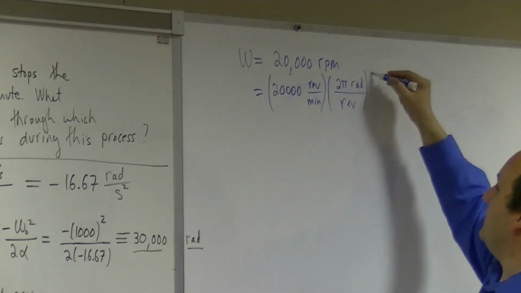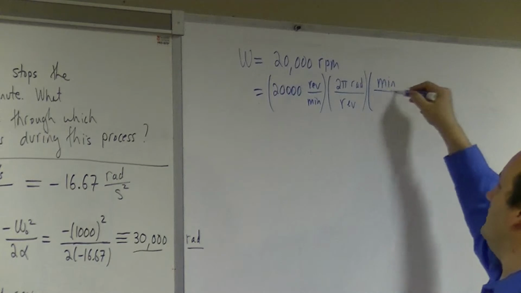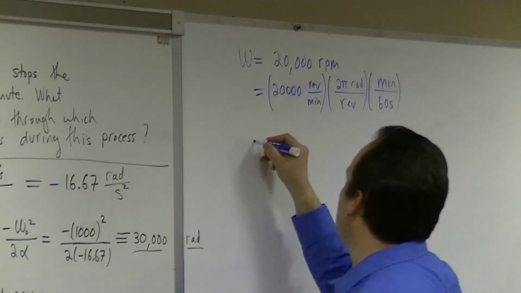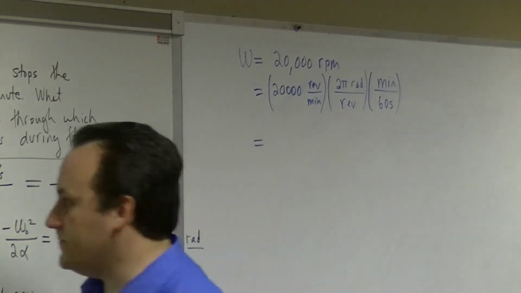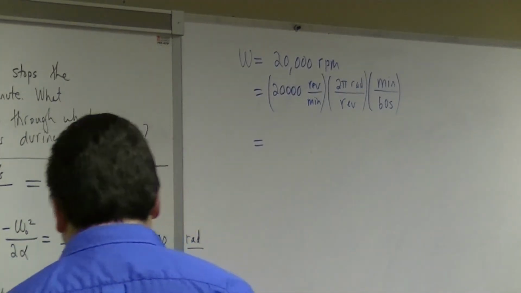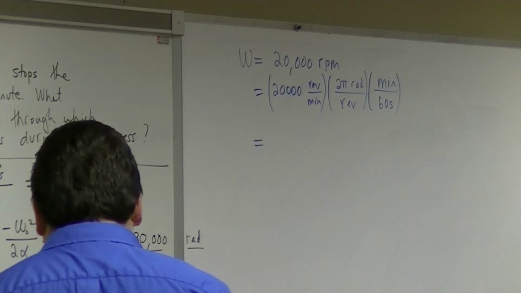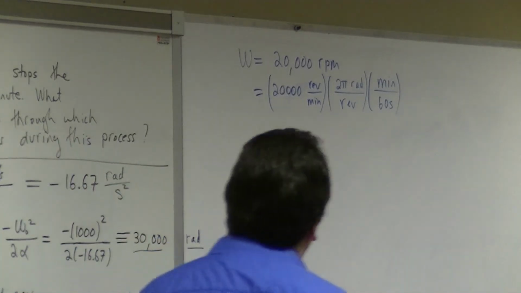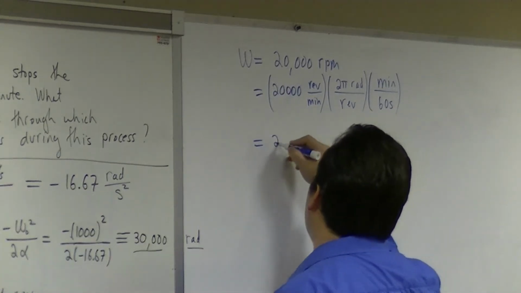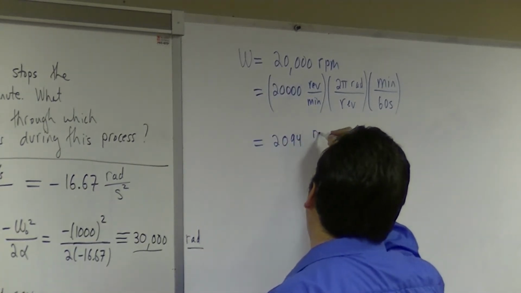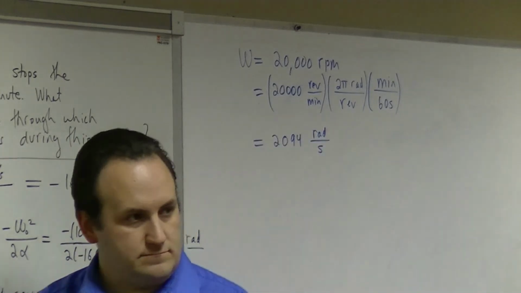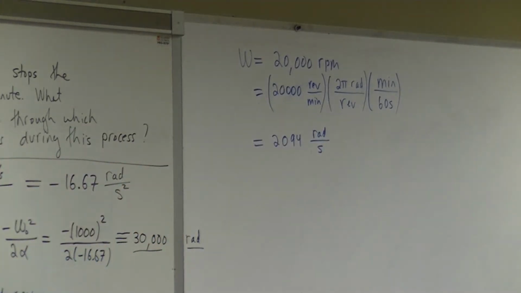And a minute is 60 seconds. If I multiply by those factors, I'll be good to go. I can't run a calculator, so I'm waiting for you guys to give me a number. 2,094 radians per second. Agreed?